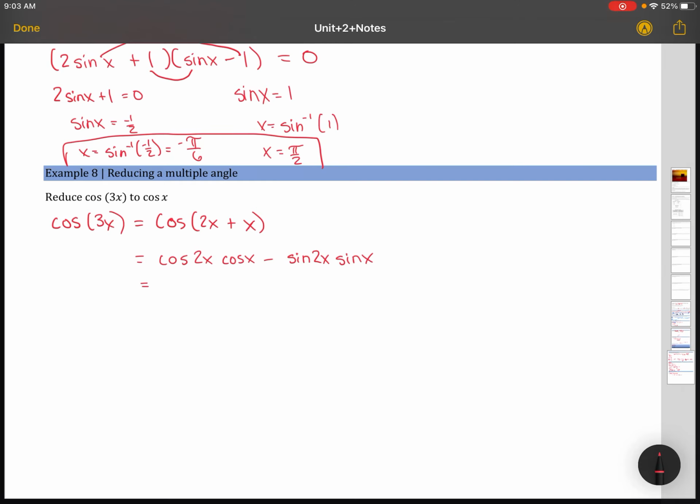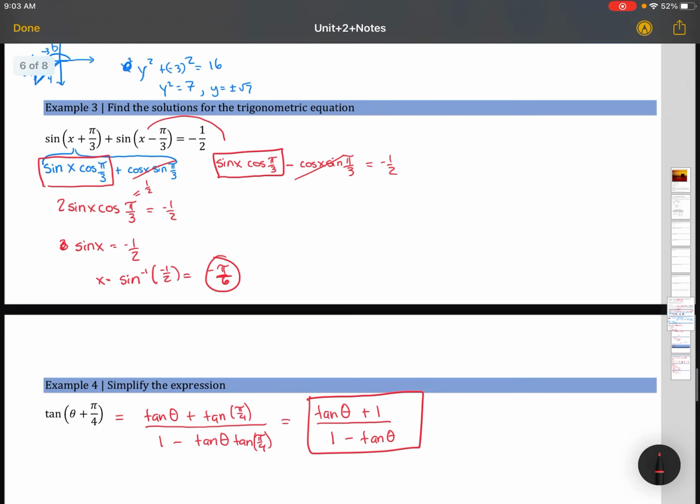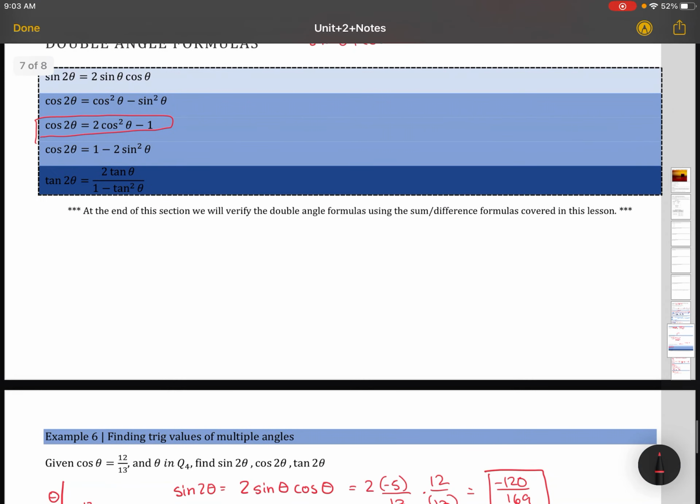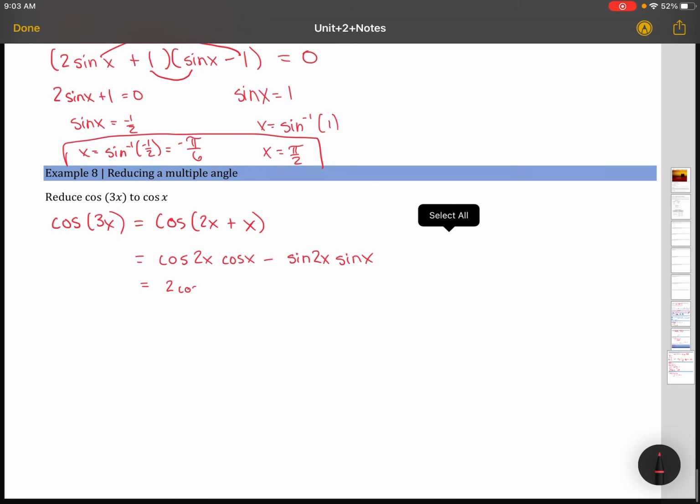And so now we know cosine 2x is 2 cosine squared x minus 1. So we're going to have 2 cosine squared x minus 1 times cosine x minus sine 2x, which is 2 sine x cosine x. And so the sine 2x turns into that, and sine x is just going to hang out at the back.